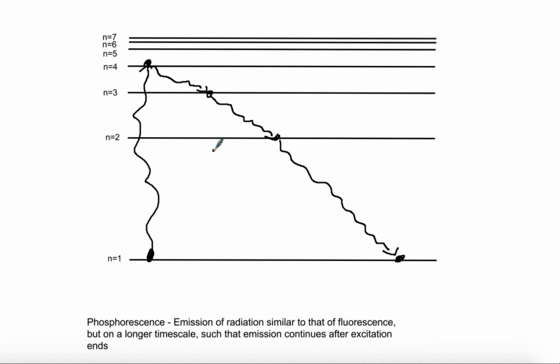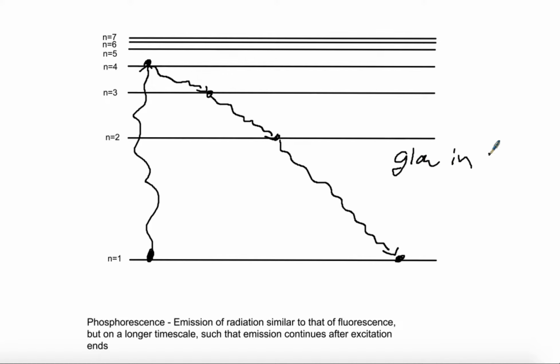So energy sources can be something like a UV lamp, flames, electricity, just something that provides the electron energy to go up to a higher energy state. And phosphorescence is when the emission takes place over a longer period of time. We know this as the very common term glow in the dark.